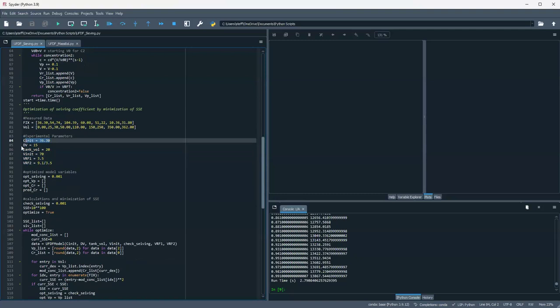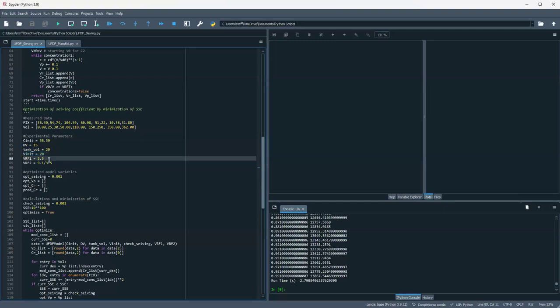You'll want to put whatever your measured starting concentration is, your number of dye volumes used in the experiment, the tank volume, the volume of the retentate that's in the tank, V init. Sorry that those little tags keep popping up. V init is the amount of volume you start with total.